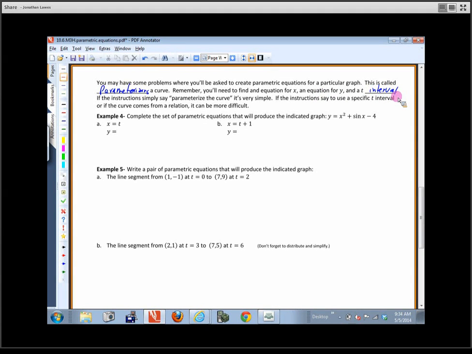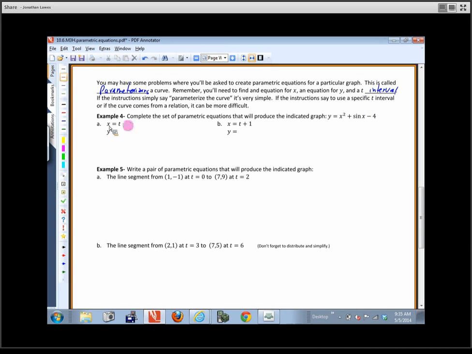Tell it what type of t's are okay to plug in. So if you have something that says parameterize a curve or come up with parametric equations that describe this curve or this line or something like that, and they don't specify what the t interval has to be, it can be very easy or very difficult.